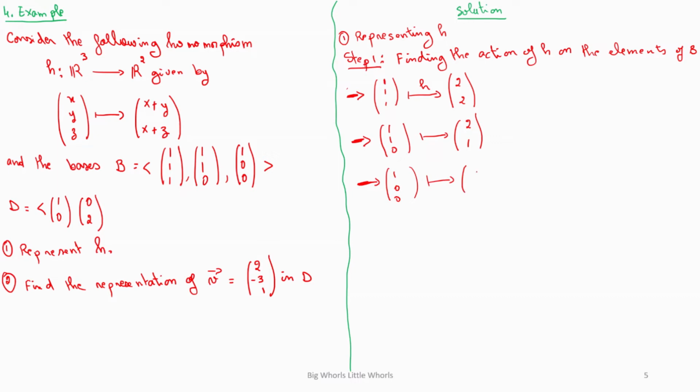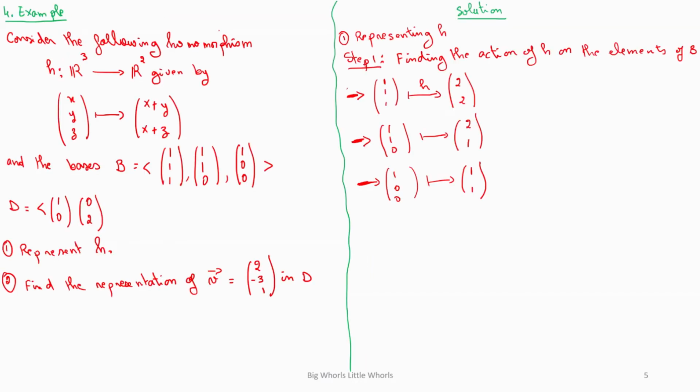First element added to the second element is 1. And then first element added to the third element is also 1. So we have 2, 2, and 2, 1, and 1, 1. Let me go to the next page because we won't have enough space here. So that's the first step.